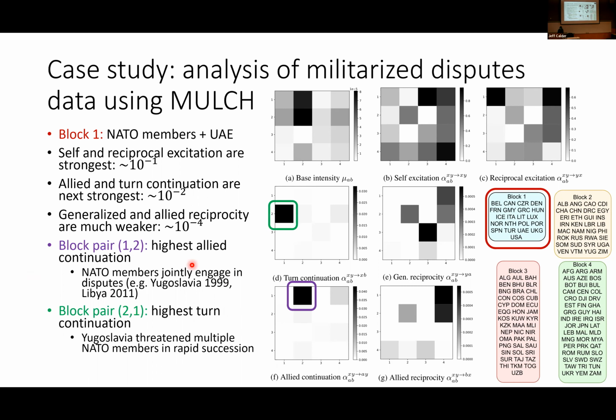On the other hand, block pair 2-1 has the highest term continuation. Remember, term continuation is my country threatens your country, then my country threatens your country's allies. This was mostly Yugoslavia on its own threatening multiple NATO members in rapid succession.